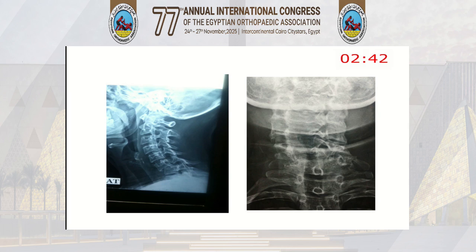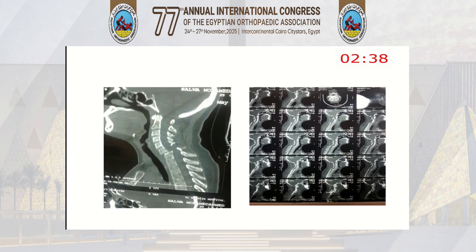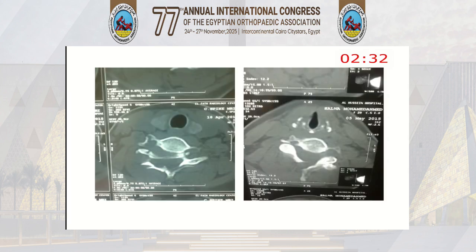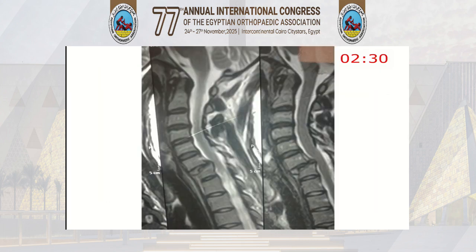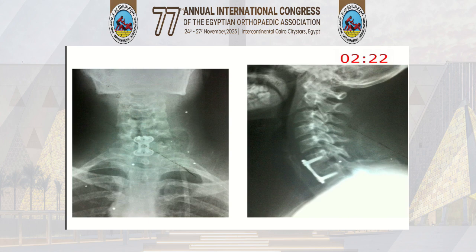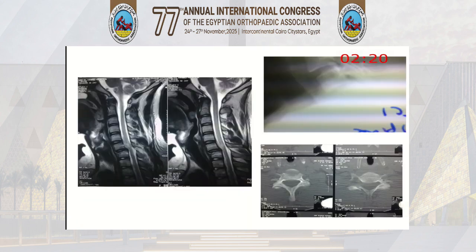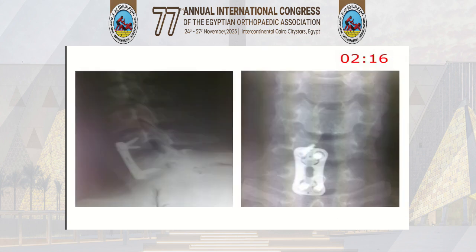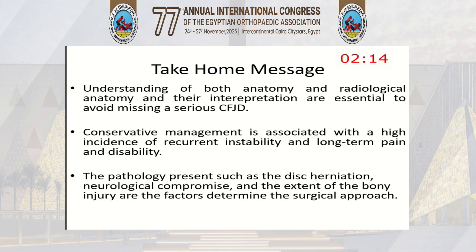The female patient with bilateral facet dislocation is operated upon from the posterior by minimal or partial facetectomy and from anterior by discectomy and grafting. This is after clearing up the whole disc material and after reduction and fixation. And the third patient also with anterior approach only, with good reduction and good results.